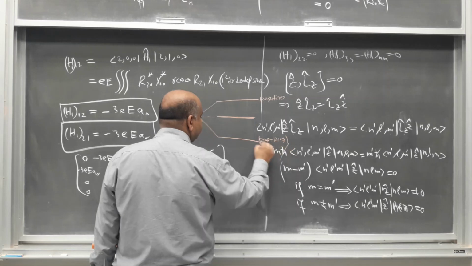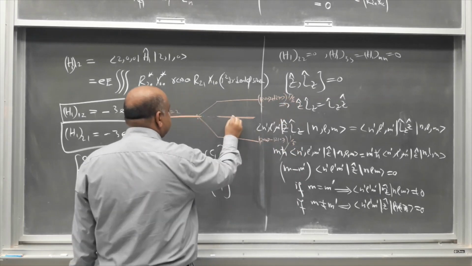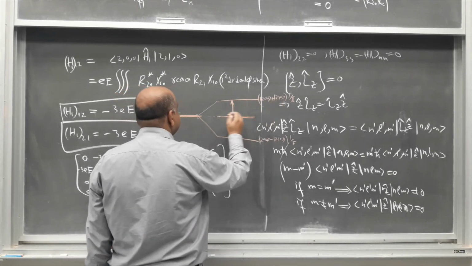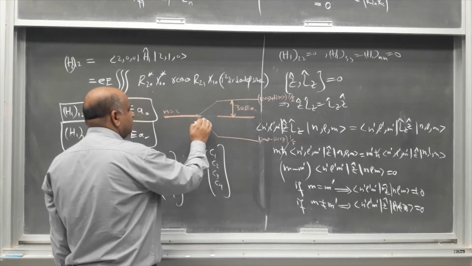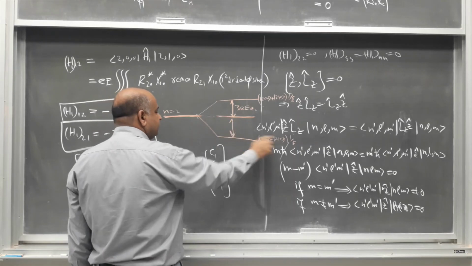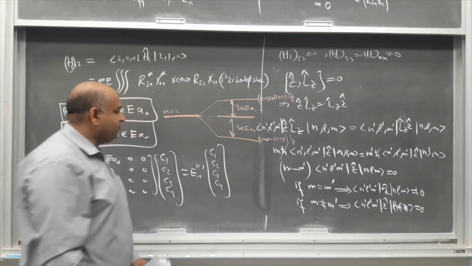Of course, there is a 1 over root 2 here, but the energy of this state is higher by an amount 3e a naught, and the energy of the other state is lowered by the same amount.